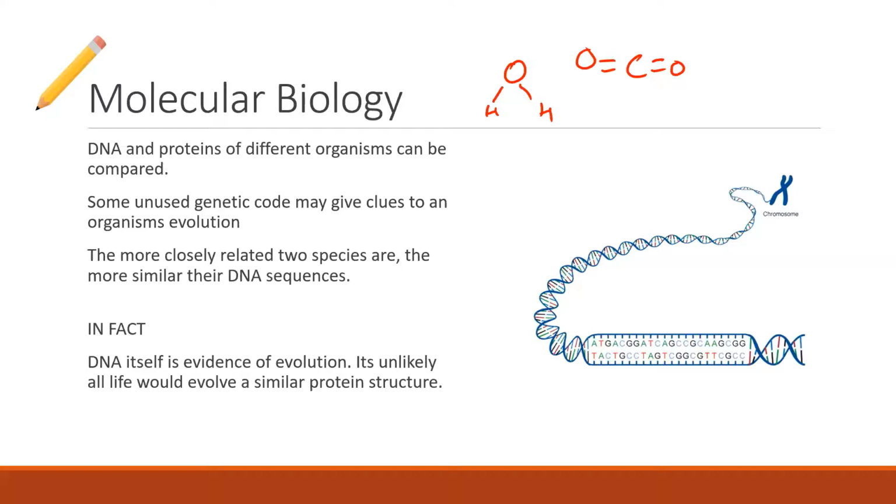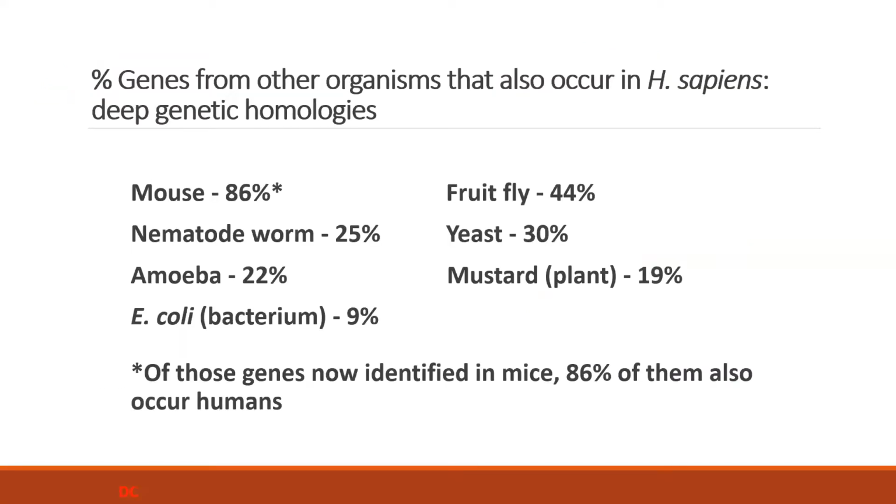Jumping to the next idea, now that we've talked about how the more similar your DNA is, the more closely related you are, let's look at some things from different animals and humans. This is the percentage of genes from other organisms that also occur in Homo sapiens. This is deep genetic homology, still technically homology, because you're still comparing organisms. For example, 86% of the genes in mice also occur in humans.